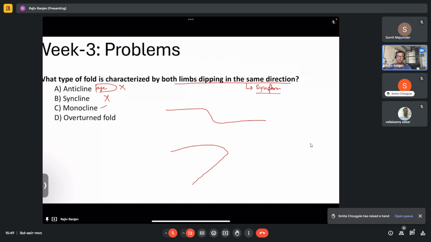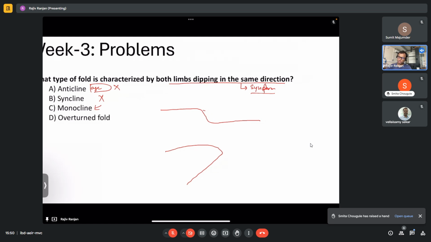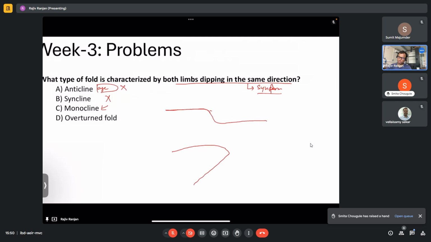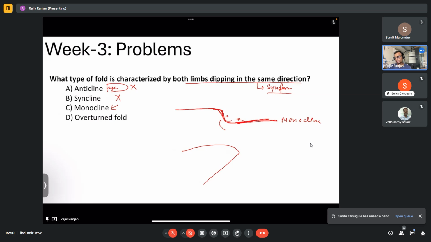In a monocline type of fold, what happens is, you see this. This is an example of, or it could be a little bit like this. This is an example of a monocline fold. So if you see, a little bit it goes like this. This is dipping in the direction, this is dipping in the direction. So both of the limbs here are dipping in the same direction.